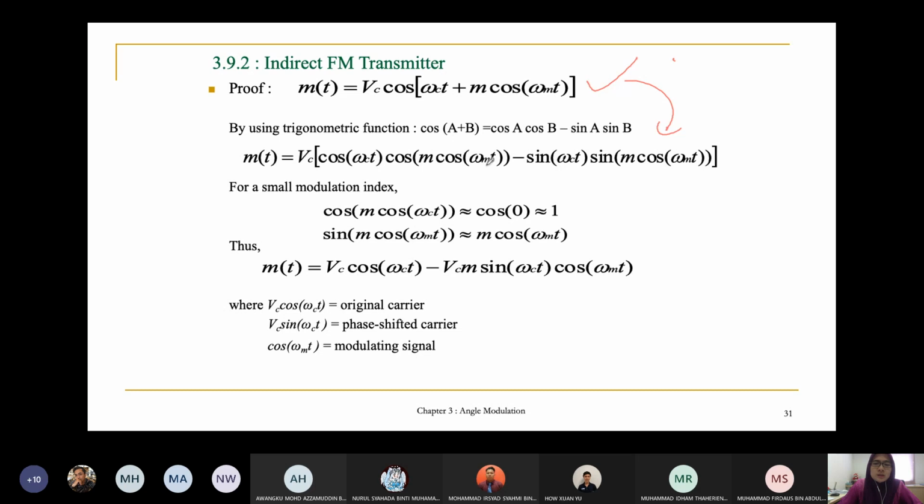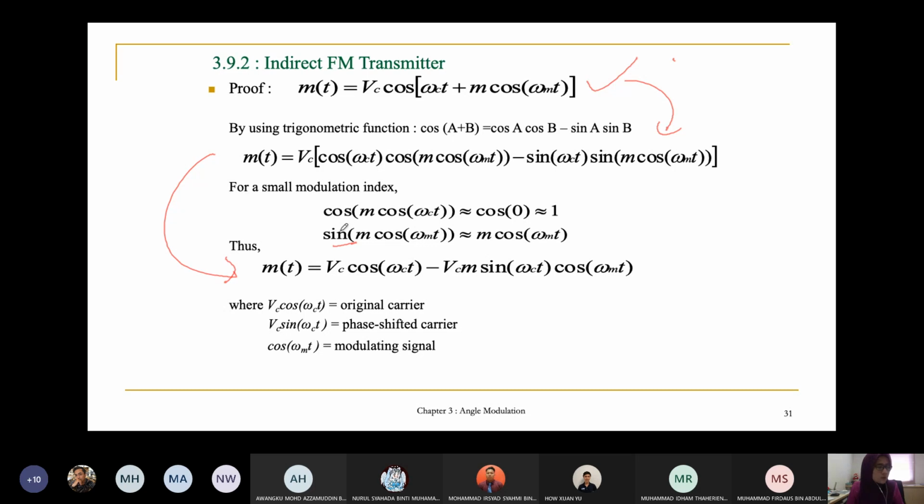From this equation, if for example you have a very small modulation index, then cos(m sin omega mt) will become cos 0, which is equal to 1, and sin(m cos omega mt) will become m cos omega mt. So basically you can write the angle modulated signal as Vc cos omega ct minus Vc m sin omega ct cos omega mt.